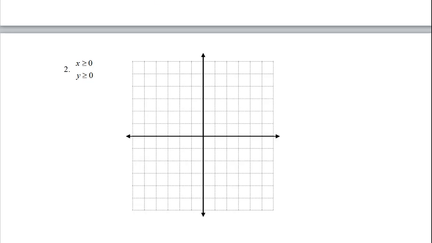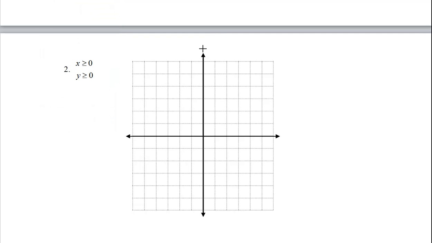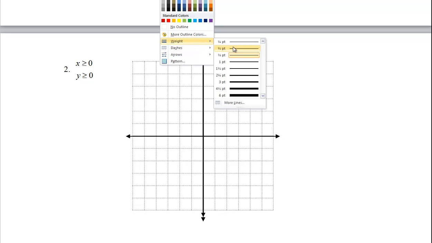So let me go get another line, and I'll put it on top of this one. I'll make it more solid so we can tell the difference here.